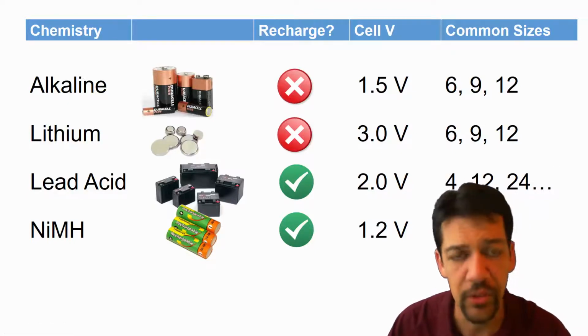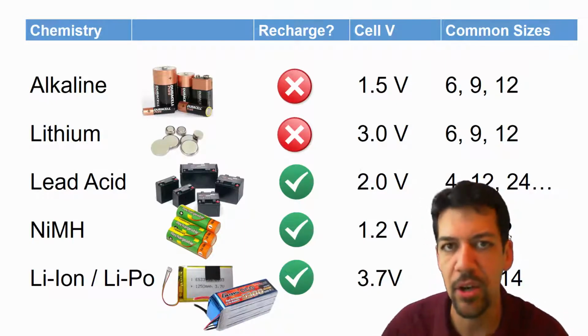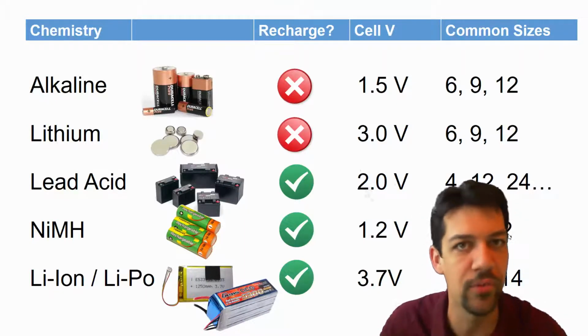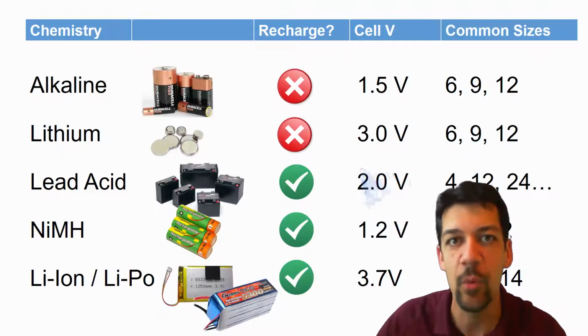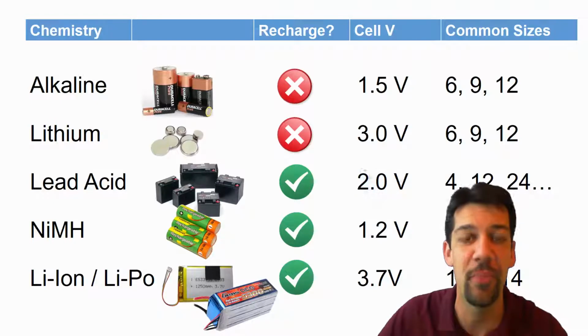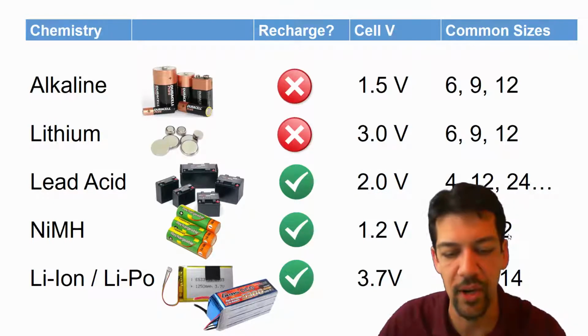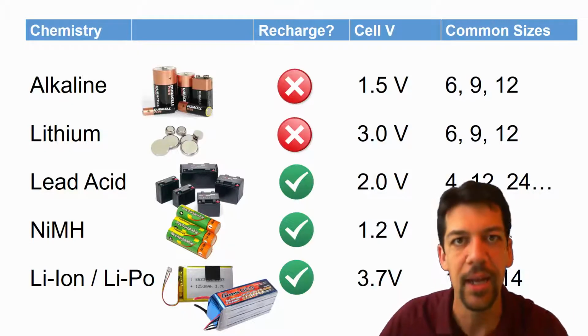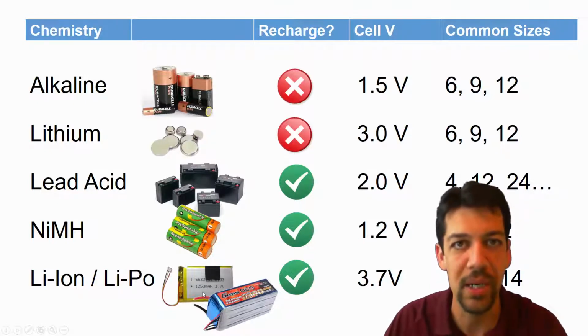The new kids on the block are the lithium ion and LiPo batteries. These are what powers most of our rechargeable world, and these are very high energy density, lightweight, but expensive batteries, right? So these are very reusable, they're easy to charge, they're very, very common nowadays. And they have a high energy density that allows them to be pretty popular.